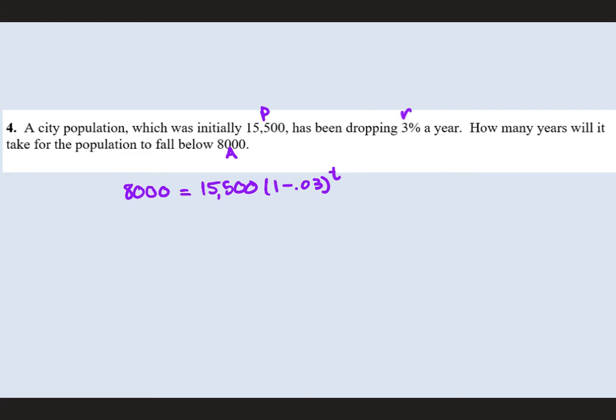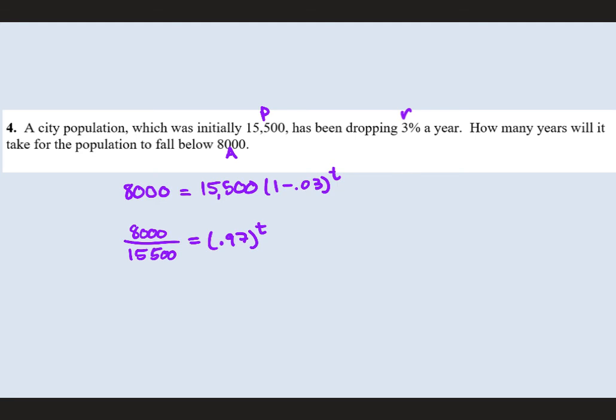We'll get 8,000 over 15,500. That doesn't simplify super nicely, but we'll deal with it in a second. 1 minus 0.03, that is 0.97 to the t.